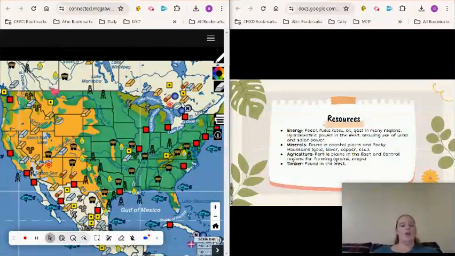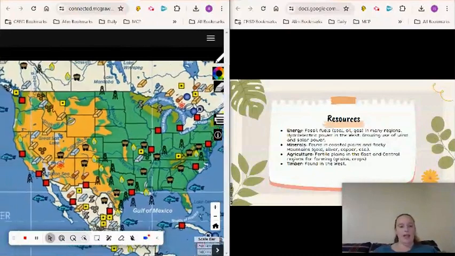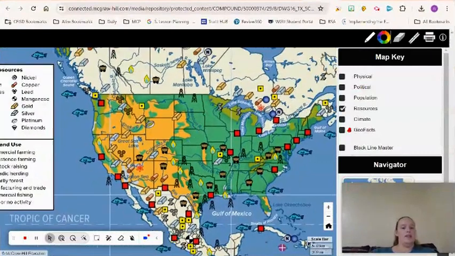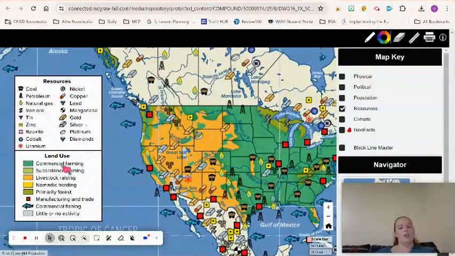We can find gold and copper and silver throughout the west region of the United States. Central United States, over to the east side, we see that we have fertile plains where we can grow our crops. And then in the west, we have our timber. So when we look at this key, the colors here show us what we have.